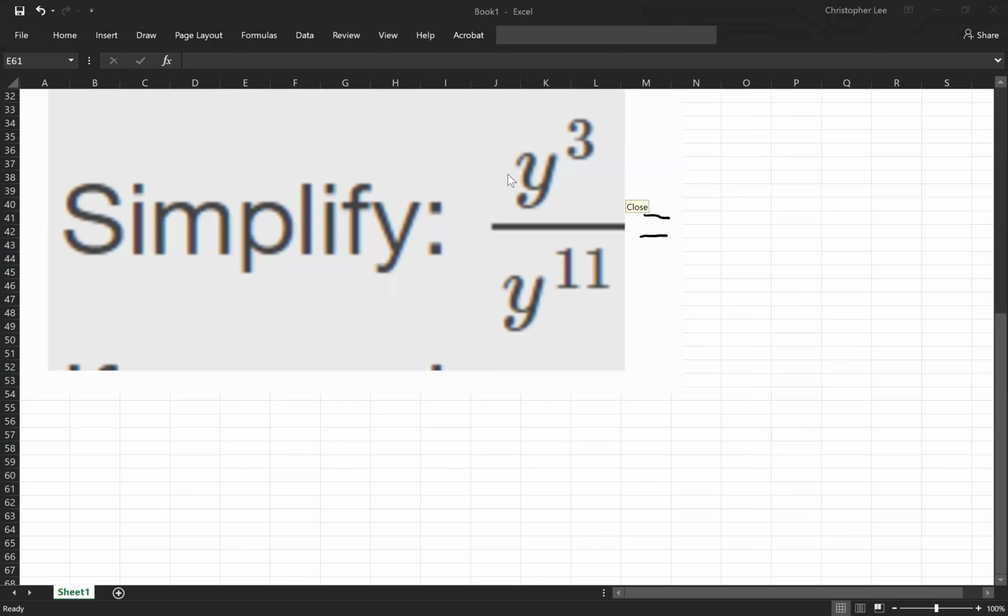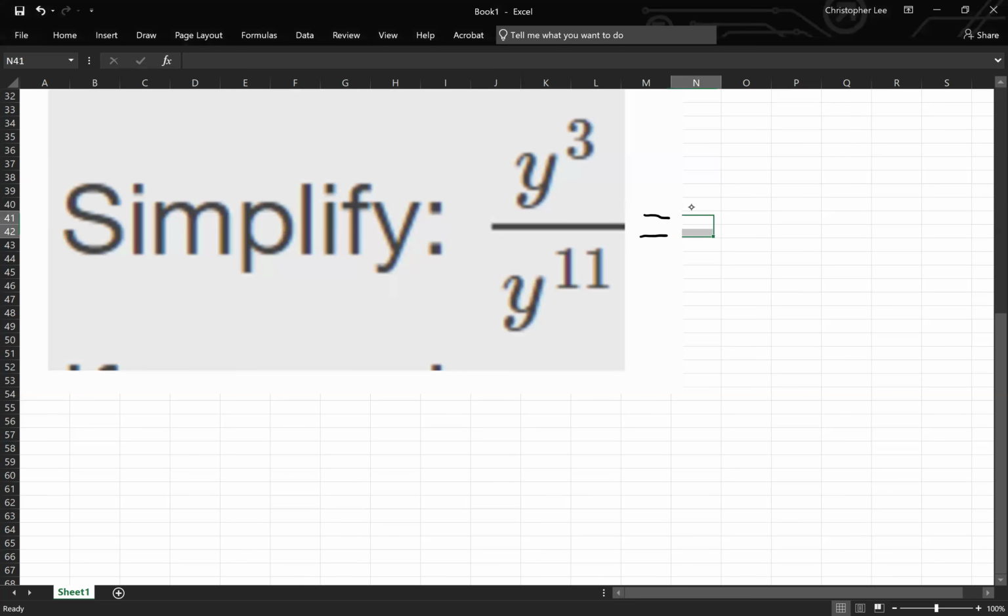Could it be y to the eighth? It's close. So it's going to be y. Oh, sorry, go ahead. No, I finally was able to get it. It's kind of like how I believe he just previously explained it.